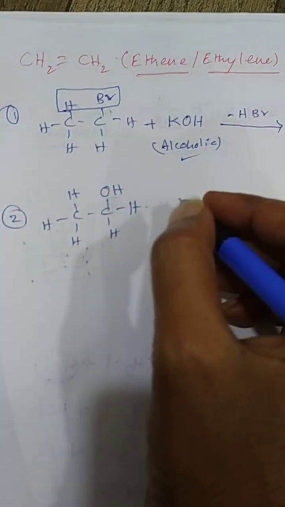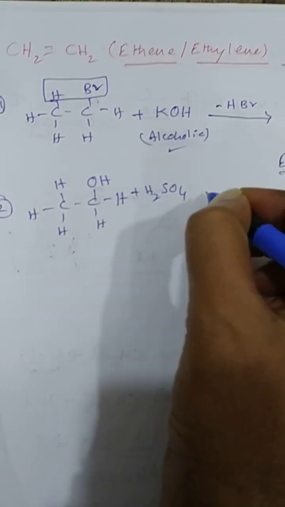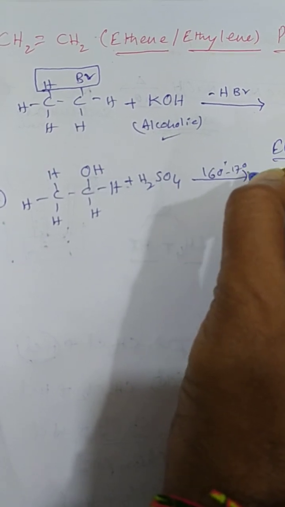This is ethyl alcohol, while reacting with sulfuric acid at 160 to 170 degrees centigrade.